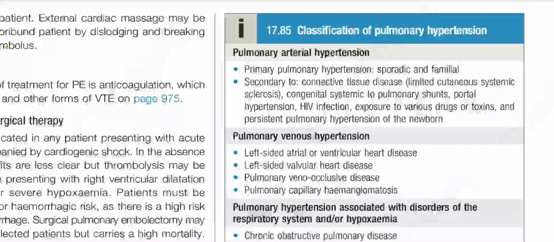Pulmonary venous hypertension, among the causes are left-sided atrial or ventricular heart disease, left-sided valvular heart disease, pulmonary veno-occlusive disease, pulmonary capillary hemangiomatosis.